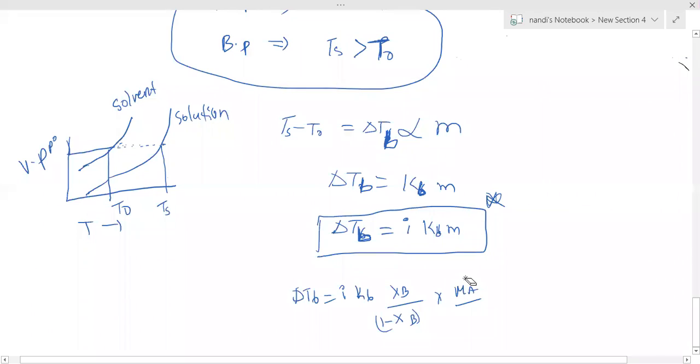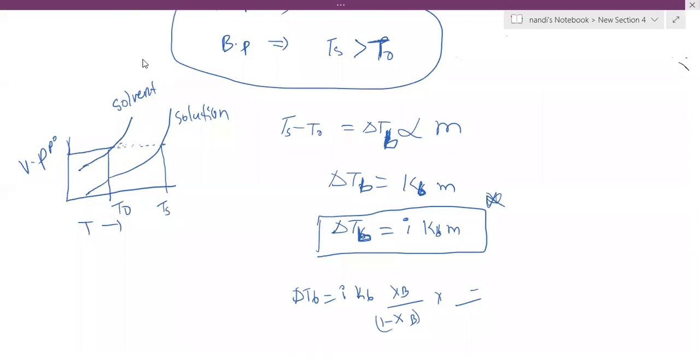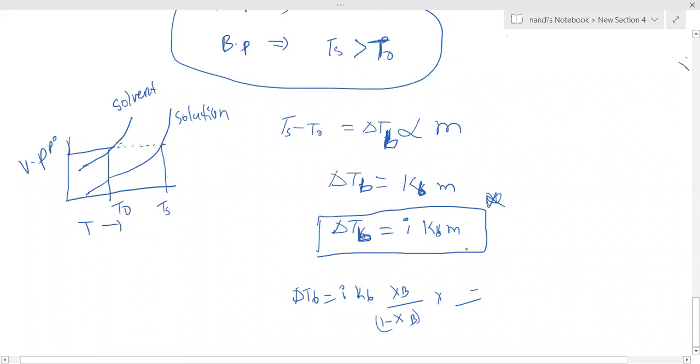Please write this formula also, the molality and mole fraction relation. Please check it in your NCERT and class notes. In place of molality, we are just writing different formulas.